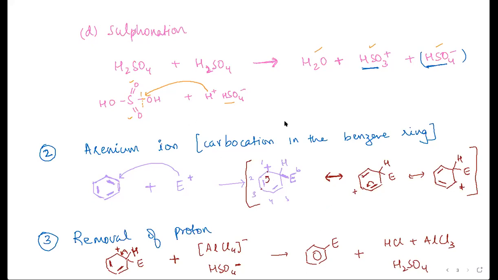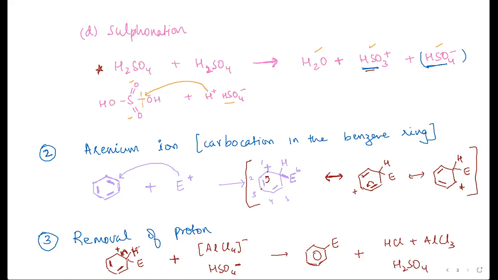Okay. So these are the three steps in electrophilic substitution. So first you're generating an electrophile. That depends on what electrophile is being generated, so accordingly, you're going to take your reagents. Once your electrophile is generated, it's going to attack the electron-rich benzene ring and form the carbocation. And once the carbocation is formed, the hydrogen where the electrophile is attached gets removed.